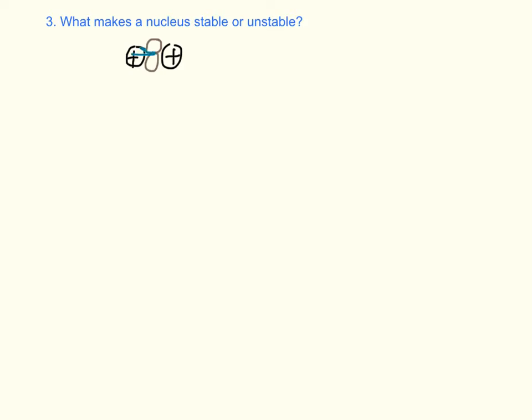It's this force of attraction that glues the nucleus together, even though there is a force of repulsion between the two protons because they're both the same charge. So a nucleus is stable if the distance between those two protons is this perfect distance where the strong nuclear force can take over. And the neutrons provide that perfect distance.